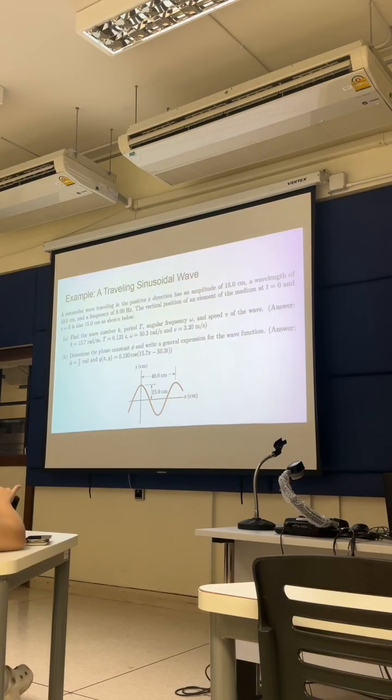I don't know how to get the rest. You mean the rest meaning part B or the rest of part A? Just A. So K is just 2 pi over wavelength, right? You mean you don't get the numerical answer right, or you're just not sure how to do it? I'm just not sure how to do it. Okay.